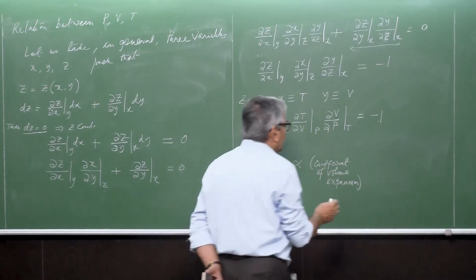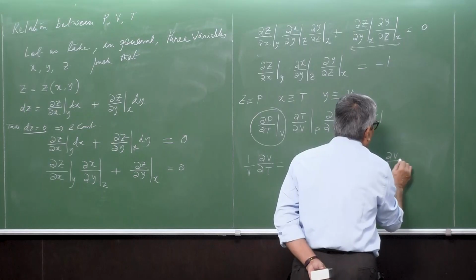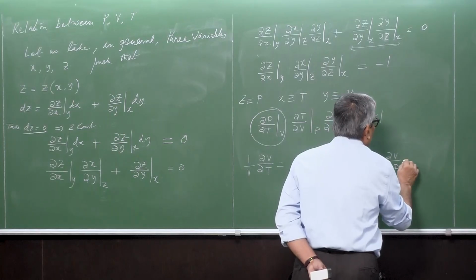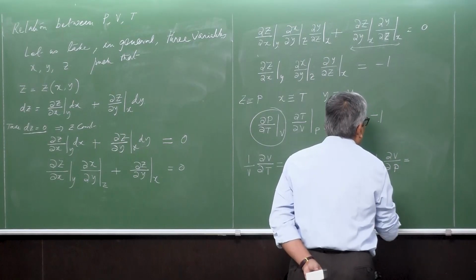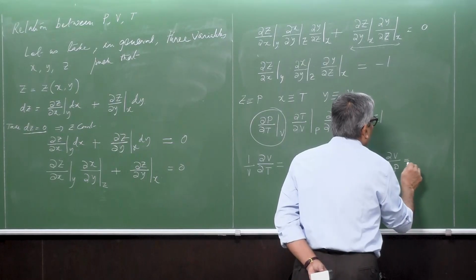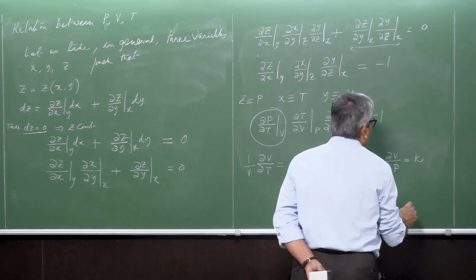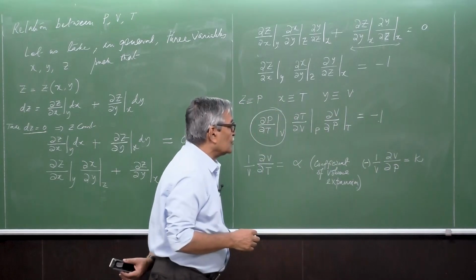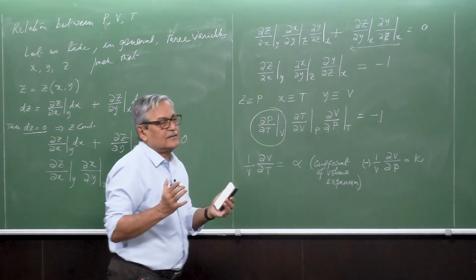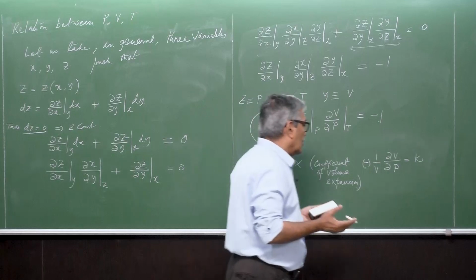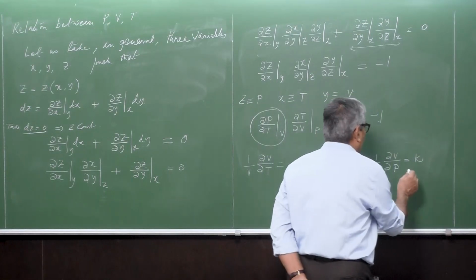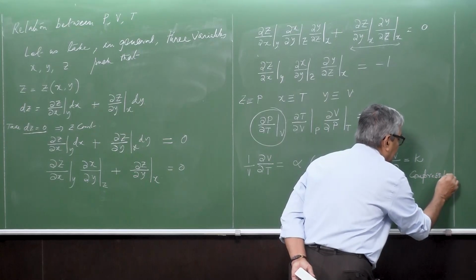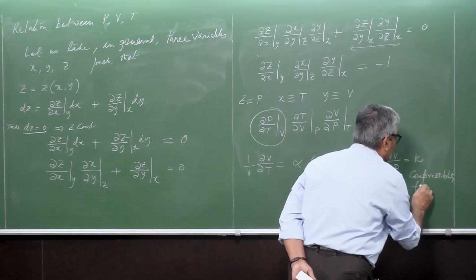So it will be better if I define minus 1 by V del V del P as a quantity I call kappa, and kappa is the compressibility factor, because it shows how much the substance, gas or liquid, is compressible.